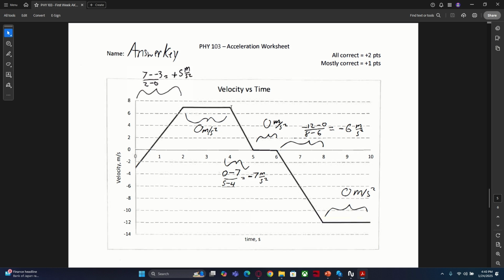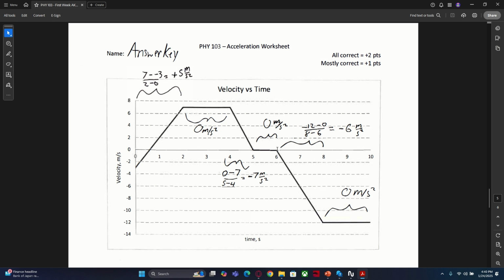From 4 to 5, the height dips from 0 meters per second to -7 meters per second. And then 5 minus 4 for seconds gets us -7 meters per second. Between 5 and 6 seconds, it's again horizontal, so a slope of 0 meters per second squared.